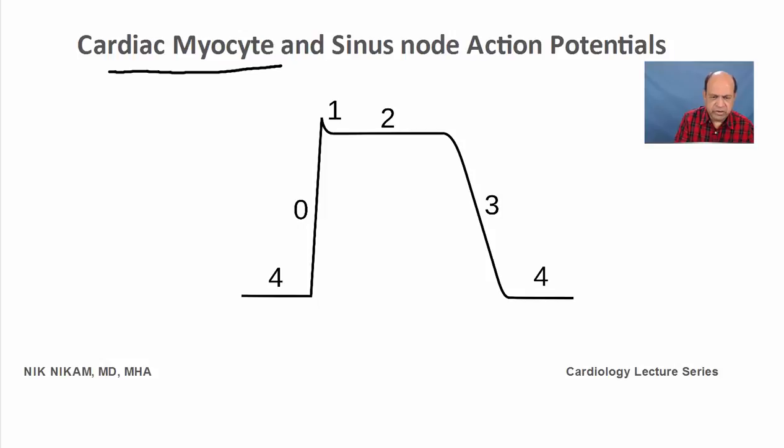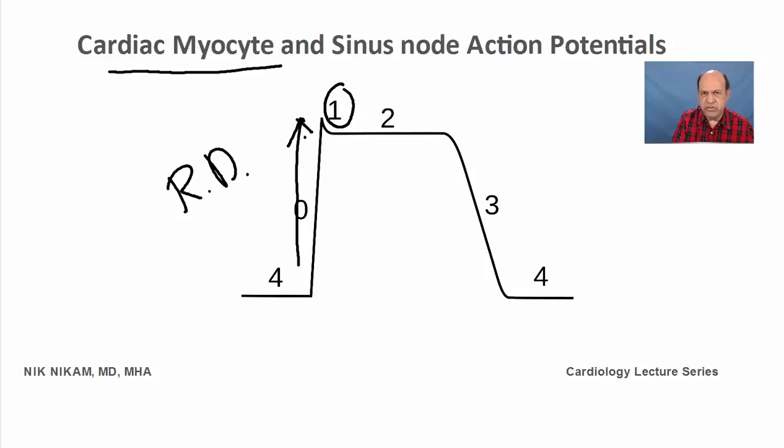Action potential has four main phases. Phase 0 is the rapid depolarization wave, which is followed by phase 1, which is a slight repolarization, and that is followed by a plateau which sustains the depolarization phase, and that is followed by a gradual decline, which is the repolarization of the myocardial cell.